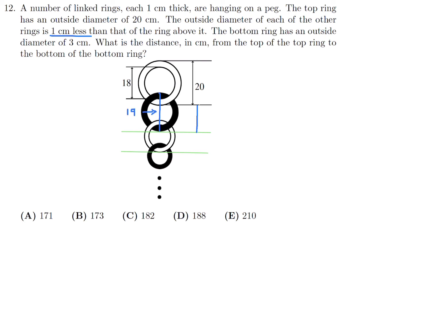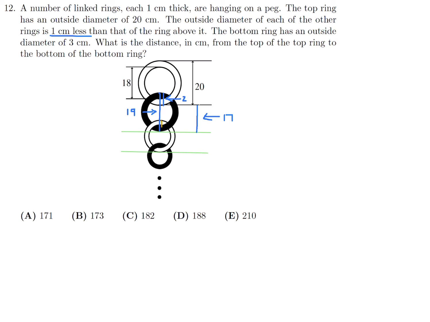But then you also have to subtract that distance in order to get this distance. And what is this distance? Well, it's 2, because each of those rings is 1 centimeter thick. So that's 2, so therefore this is 17. All right? In a very similar way, I'll use a different color.